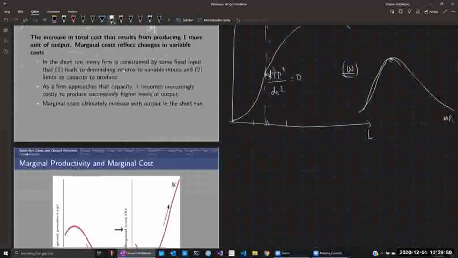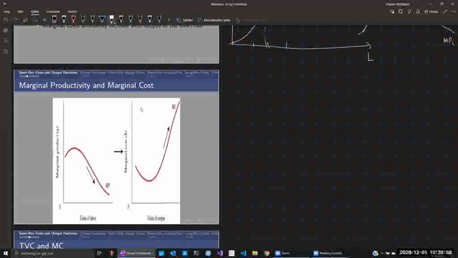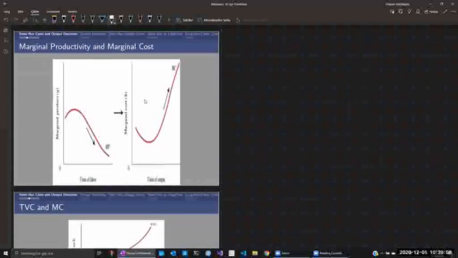Then let us try to see how it affects the marginal costs of production. So again, this is our marginal productivity schedule. We keep other factors the same, so we cannot change them in the short run. So we only change the units of labor that we could hire. Then we argued that the marginal productivity first increases and then it starts to decrease. So what happens to marginal cost? Note that this is the cost measured in units of output, not labor.